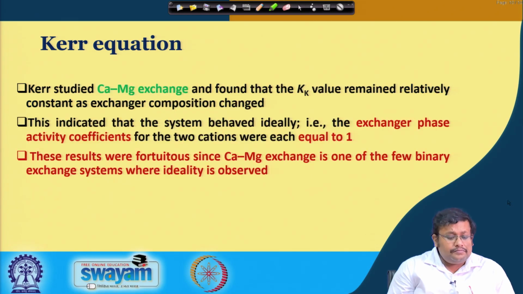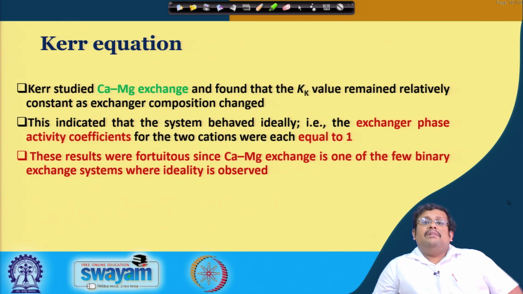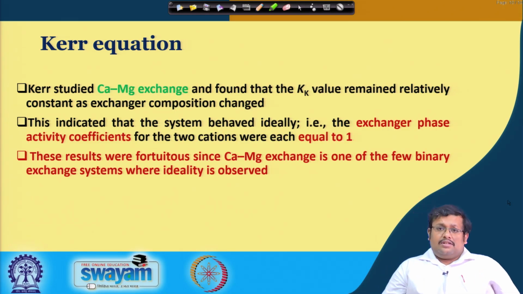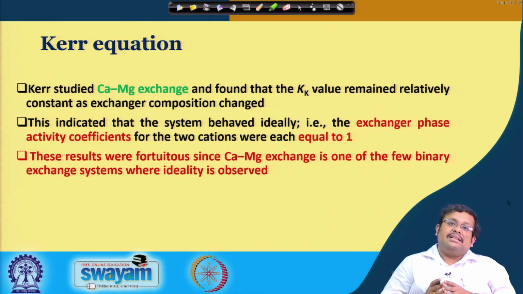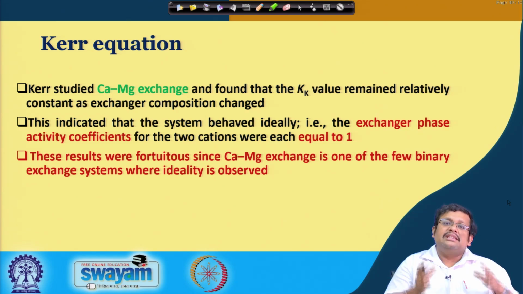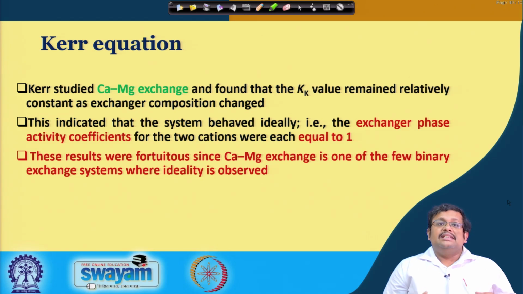Now, Kerr studied a typical exchange system, the calcium and magnesium exchange system, and found that this Kk value remained relatively constant as the exchanger composition changed. So, although the exchanger composition changes, that is, the soil composition changes, this constant Kk remains the same.